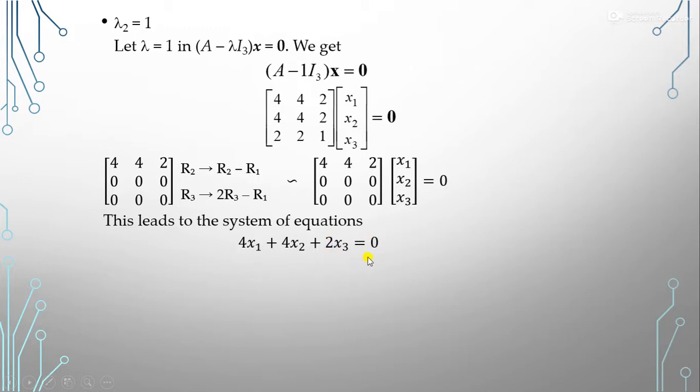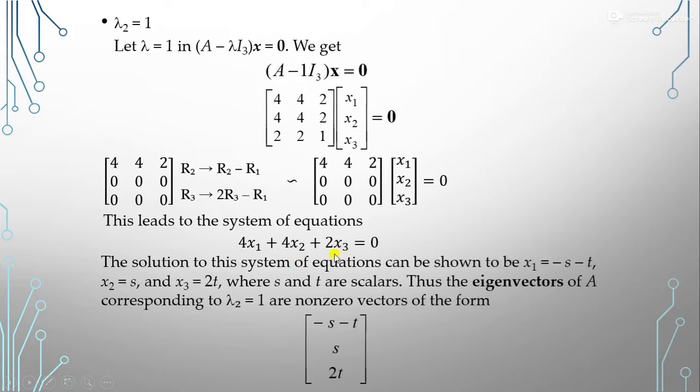So what do we do here? How can we solve for these variables? We have to put two variables as any scalar quantities. Suppose we take x3 is 2t, and x2 is s, because we have to take another scalar quantity.